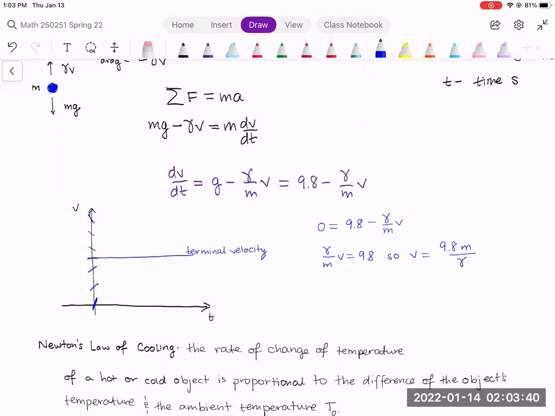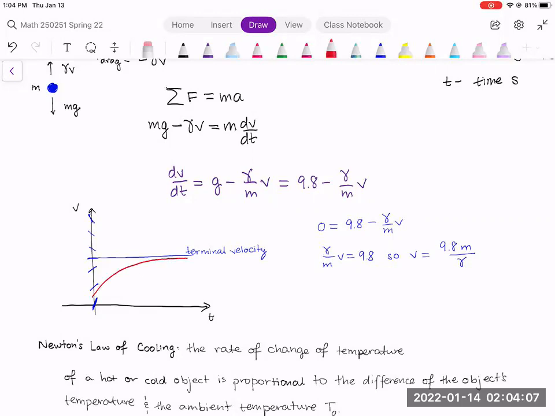Notice this differential equation does not depend on time. It only depends on the velocity that we're going. So whatever our picture is at t equals 0, we can just repeat it. And what we're going to find for our solutions is that no matter where we start, our solutions are going to be approaching this terminal velocity.